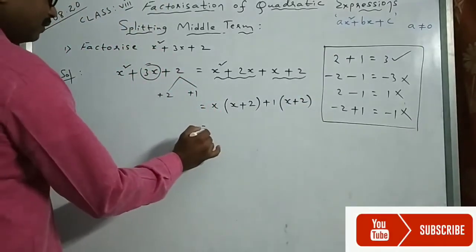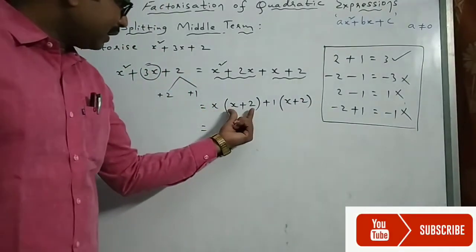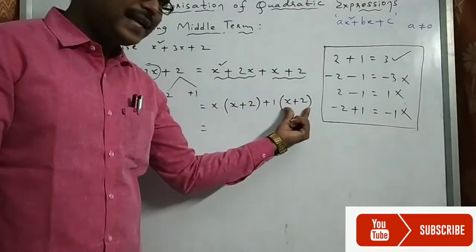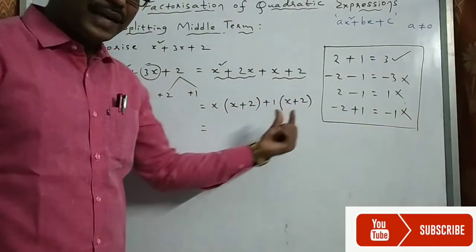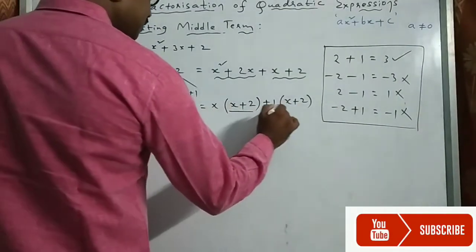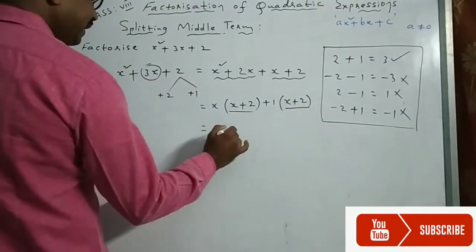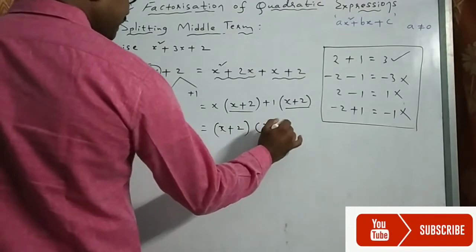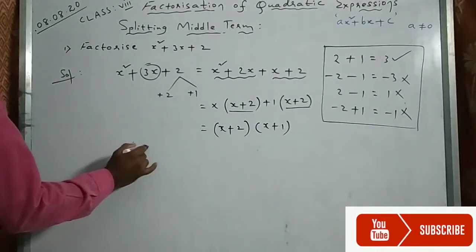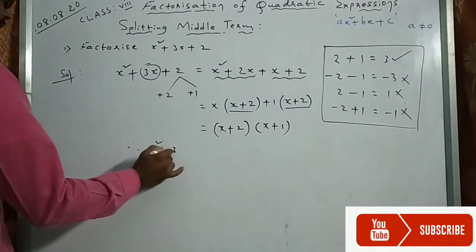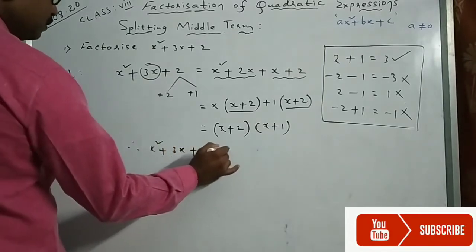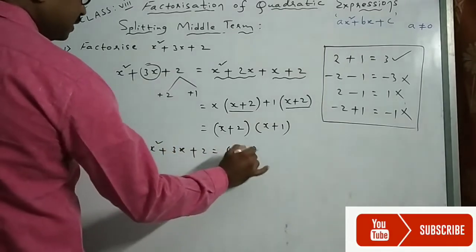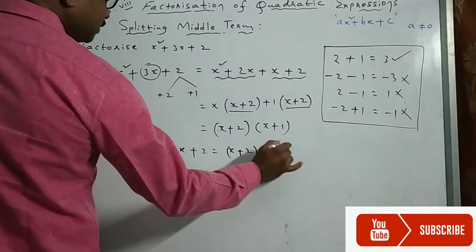You must remember one thing here. Whatever comes here, there will be the same factor. x plus 2, x plus 2. Again, if I take x plus 2 common, then what is remaining? x plus 1. So, therefore, x square plus 3x plus 2 equals x plus 2 into x plus 1.